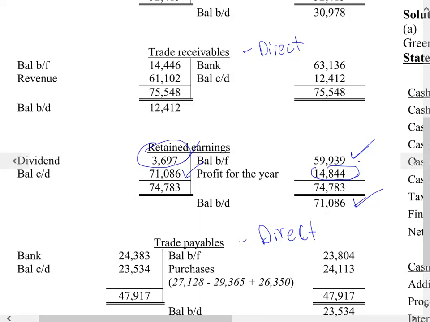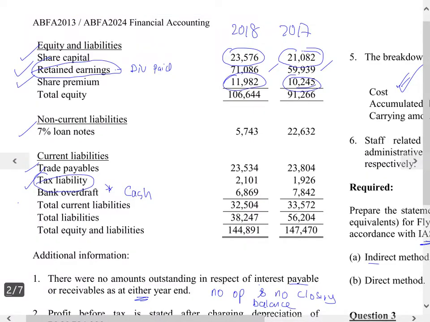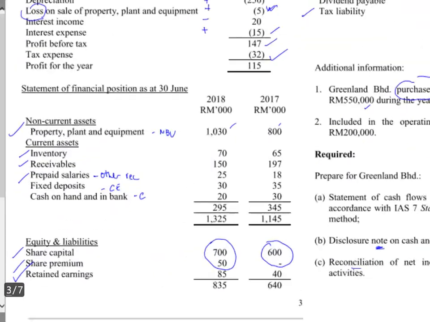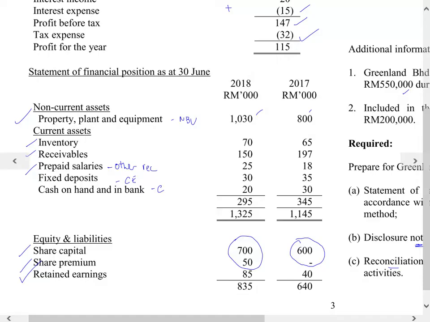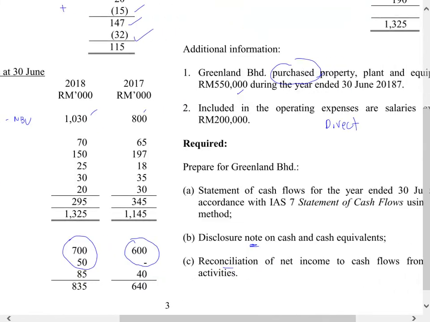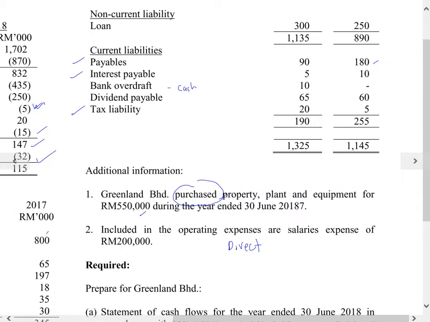Correct? This week a bit different. Here we use retained earning, same, opening and closing. However, this week we got one more called dividend payable, meaning we do these two together. Last week, no dividend payable. This week, we do have dividend payable, so retained earning with dividend payable together. Let's try now. Start with retained earning.